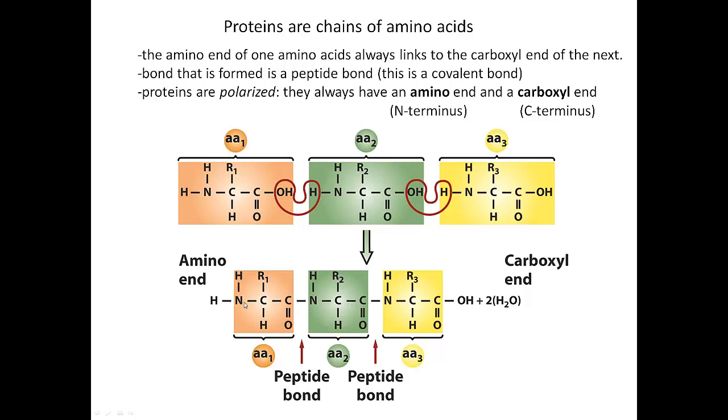So every single amino acid then is lined up NCC, NCC, etc. And so the result is that you end up with a protein that is polarized. So on one end is the amino end, or it's also called the N-terminus, and on the other end is the carboxyl end, or the carboxy terminus, or C-terminus.